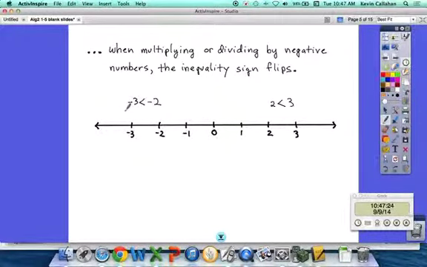They flip their respective positions when you multiply or divide by a negative. So that's one thing we have to keep in mind. When we're doing operations to both sides, if you come up with a place where you're going to multiply or divide by a negative, you've got to flip that symbol.